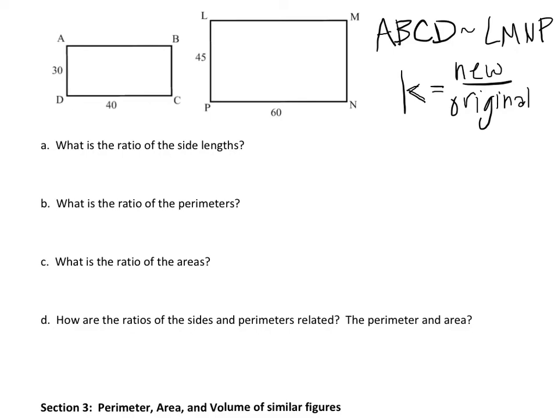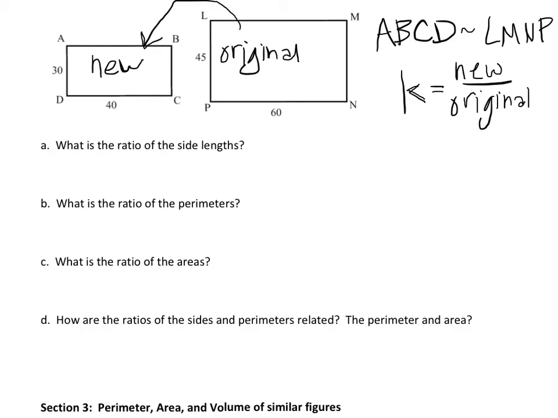So if I'm thinking about this big one as being the original, and this one is the new one, that means I would think about taking this one and shrinking it down.